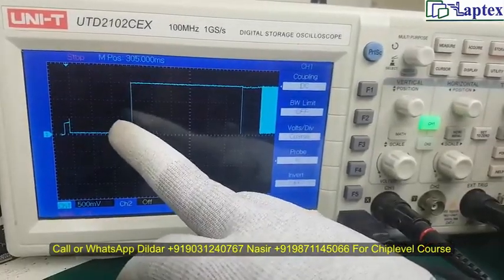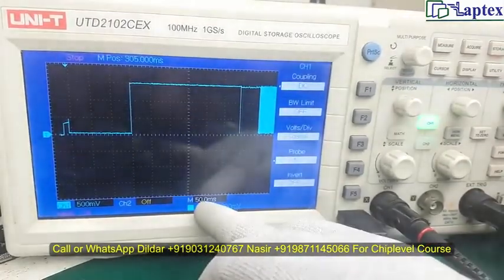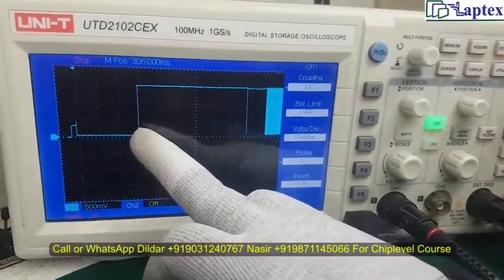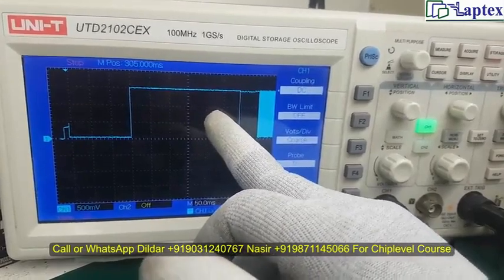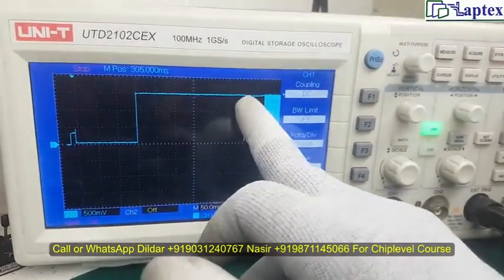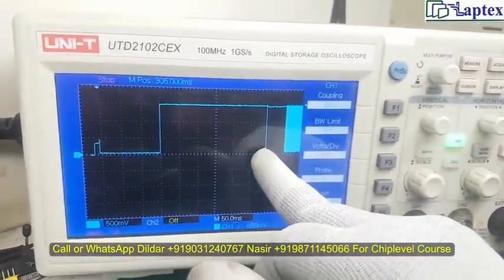Now you can see that my division is set at 50 millisecond per division. So you can calculate: 50, 100, 150, 200, 250, 300. After around 300 millisecond, it is getting reset by the processor.